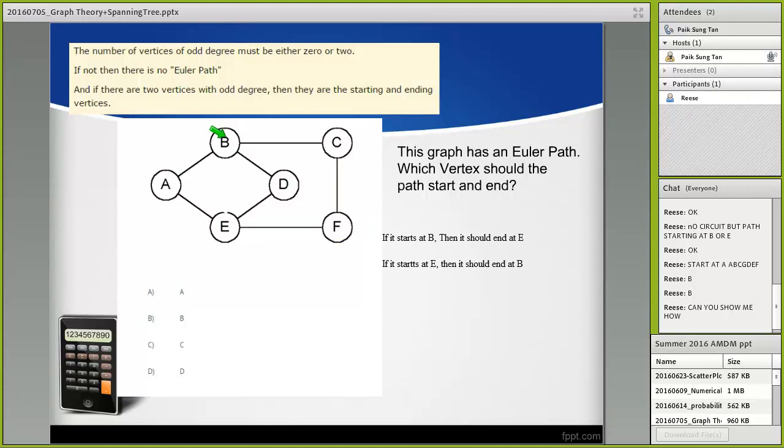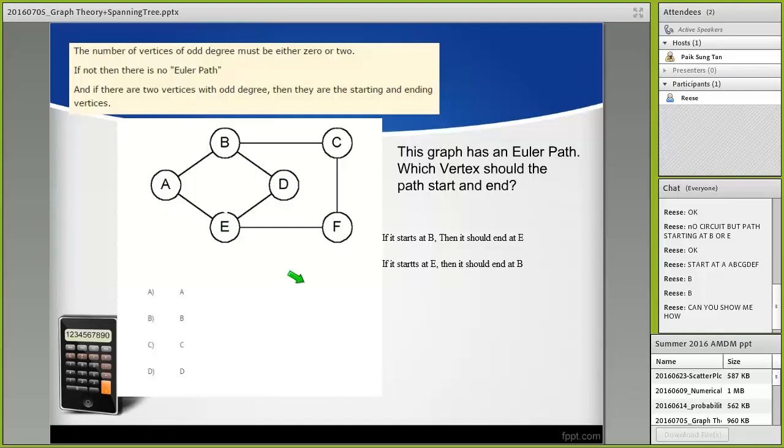Let's see. We want an Euler path, so you only have to pass through each edge once. I'm figuring it out, I don't know the answer yet. But I know this must be one. So can we go C, F, E, D, going to B, A, E?